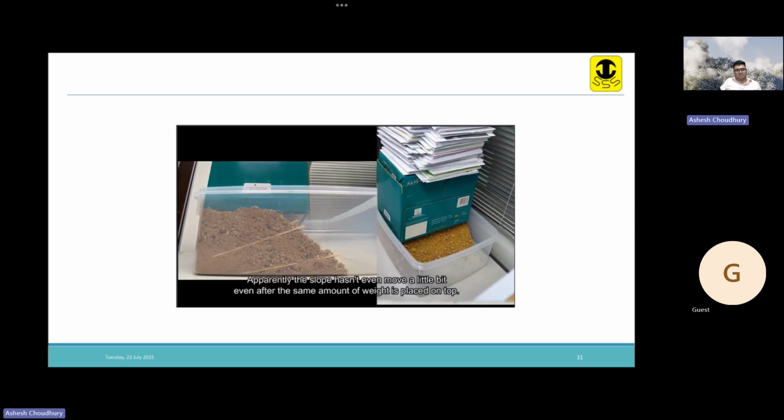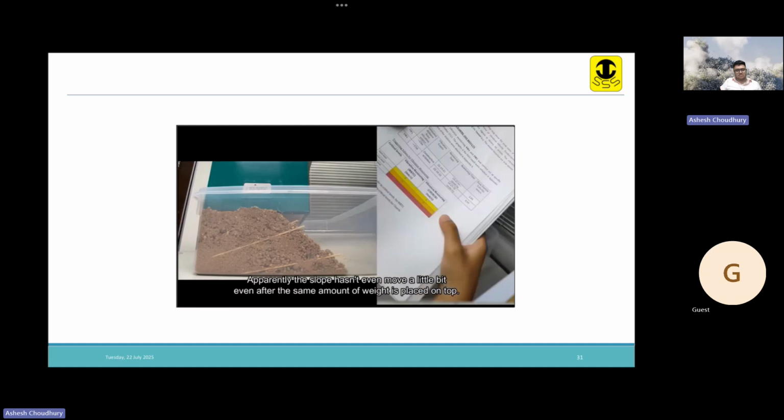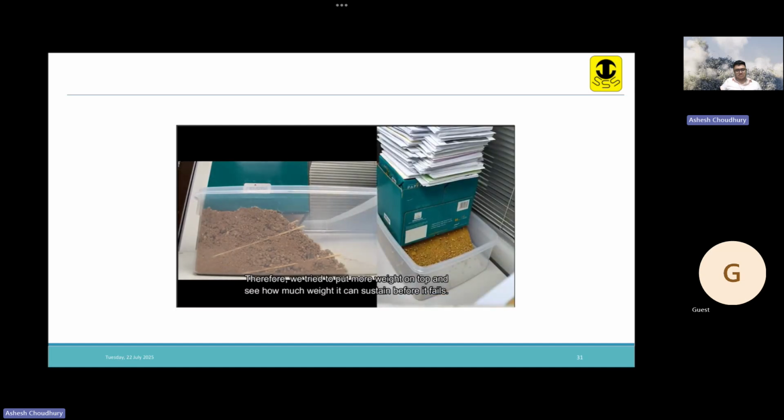Apparently, the slope hasn't even moved a little bit even after the same amount of weight is placed on top. Therefore, we try to put more weight on top and see how much weight it can sustain before it fails.